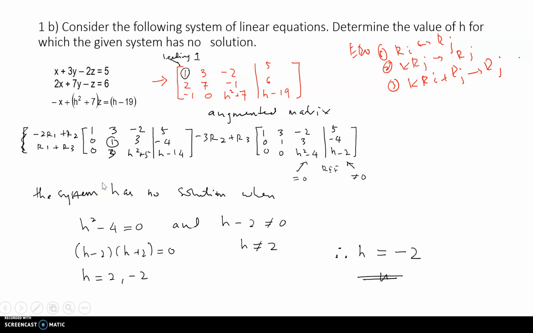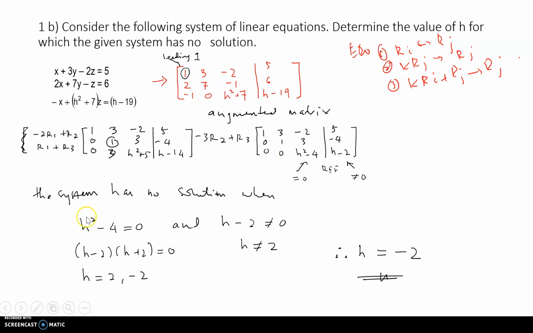So we are ready to find the value of H so that the system has no solution. For the system to have no solution, the left part must equal 0 and the right part must not equal 0. This is the condition for the system to have no solution, so you should understand this.